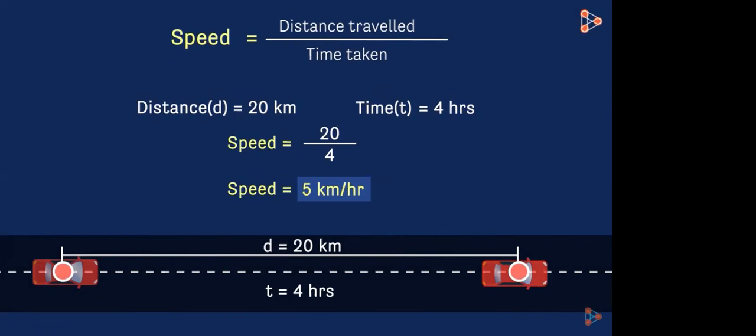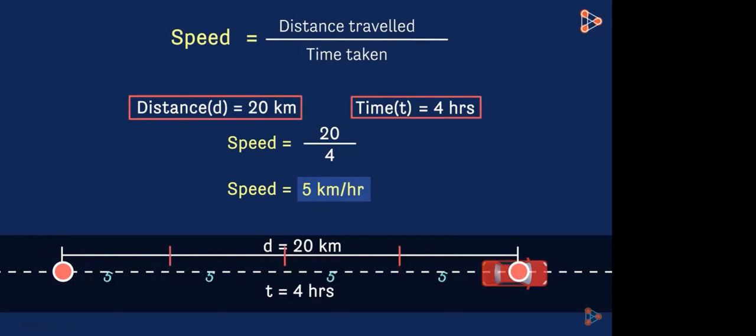So if the car was starting from this point, then its speed cannot be constant. What if this was not the starting point of the car? Well, we still cannot say whether the speed was constant or not. Because maybe the car was slow in the first half of the journey and then sped up in the second half. The given data does not imply in any way that the car will cover 5 kilometers in every hour.